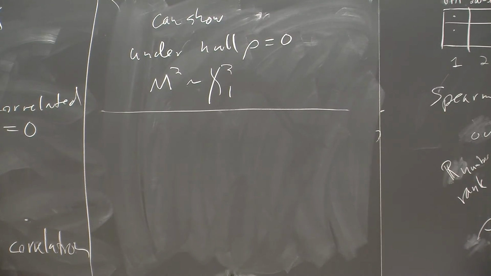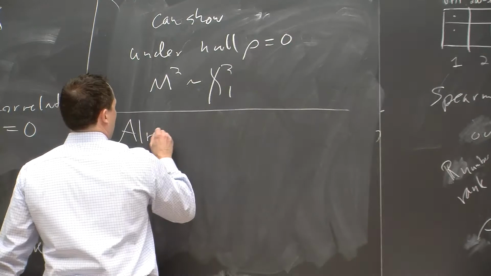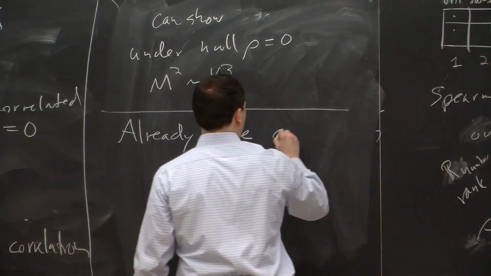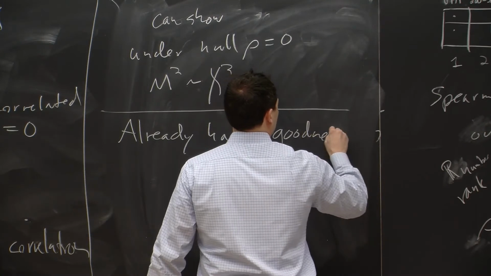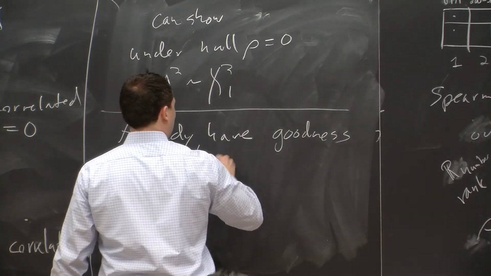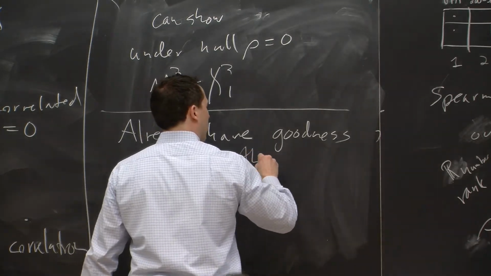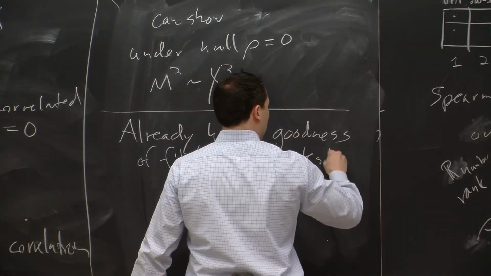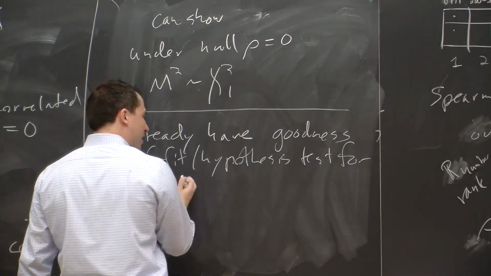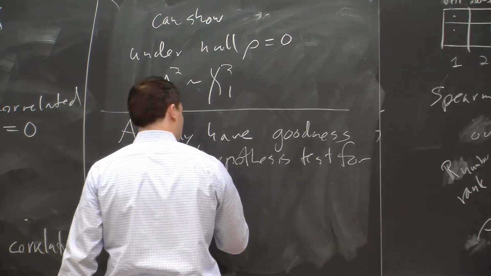So what's the point? We already have goodness of fit tests, hypothesis tests for independence. A goodness of fit test for the independence model is the same thing as a hypothesis test for independence.